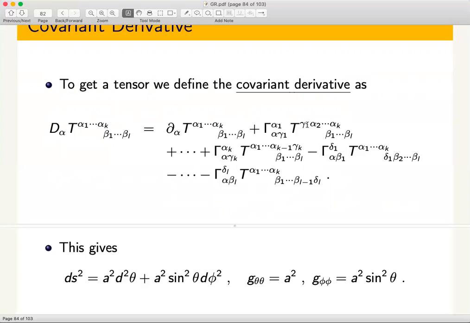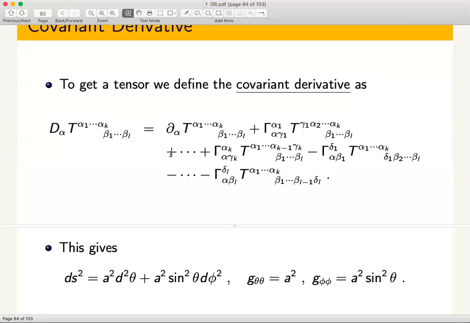If you replace alpha 1 by gamma 1, notice alpha 1 and gamma 1 are there in the Christoffel connection. So the Christoffel connection is alpha, alpha 1, gamma 1. Alpha is the index coming from the covariant derivative, and then you pull an index from the tensor, alpha 1, put it on the Christoffel connection, and the other index of the Christoffel connection, gamma 1, replaces alpha 1. If you are replacing a contravariant index, it comes with a plus sign.